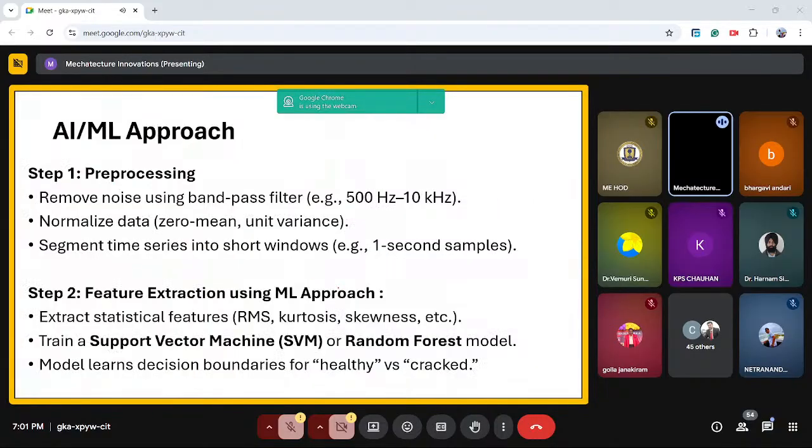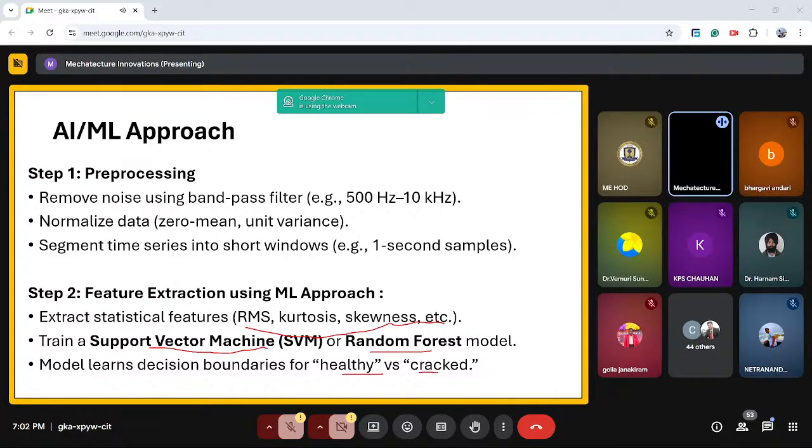Now, what are the steps AI is actually using? It's very simple. AI first gets the data and does what we call pre-processing. After the pre-processing, it extracts the parameters, whatever we studied, the statistical parameters like RMS, kurtosis. And after taking these values from the healthy one, it uses support vector machine or random forest models to train so that it can understand what is healthy and what is cracked.